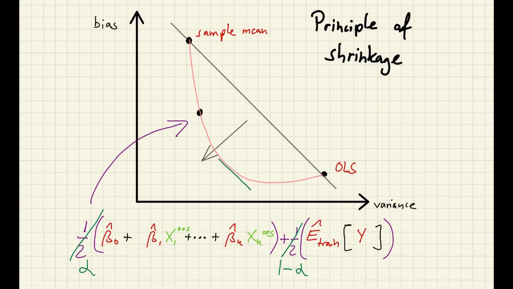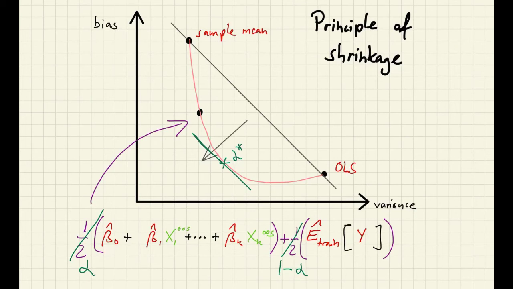So probably something like this is the optimal amount of shrinkage. This way we move to the difference curve, if you want, that is farthest into this direction of better predictive models.